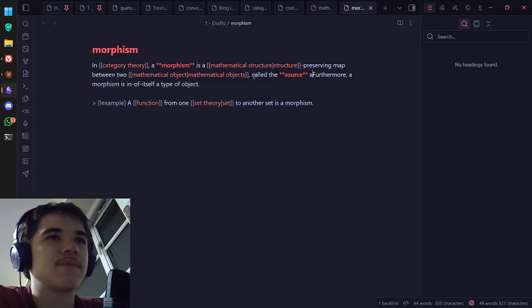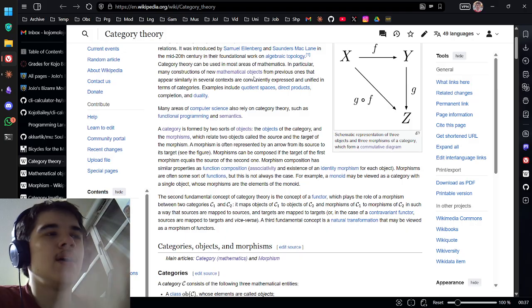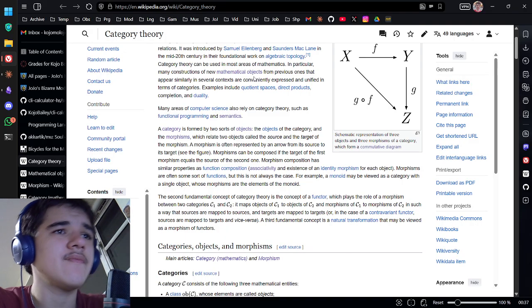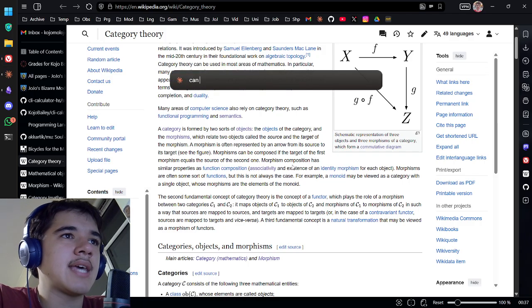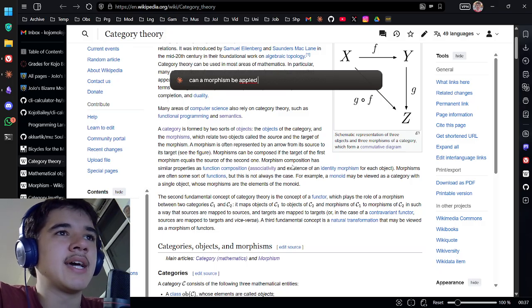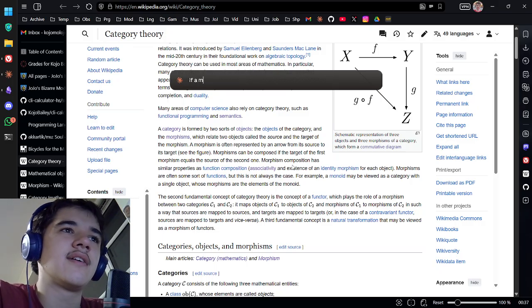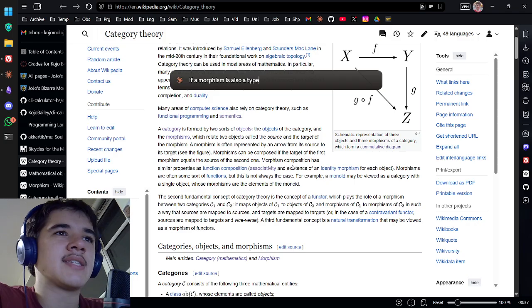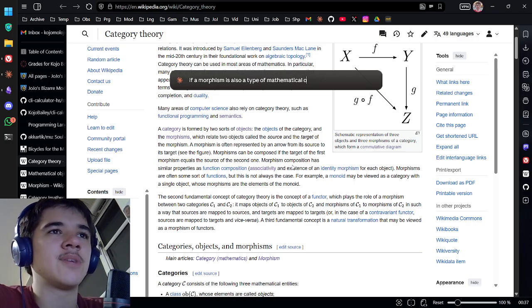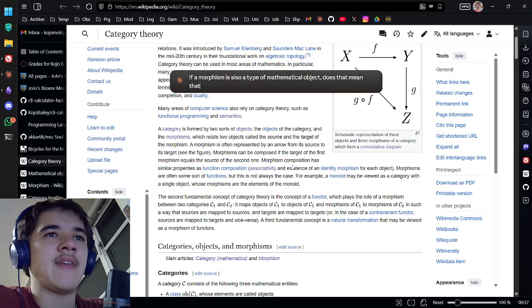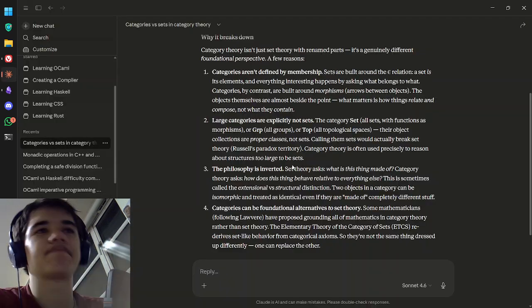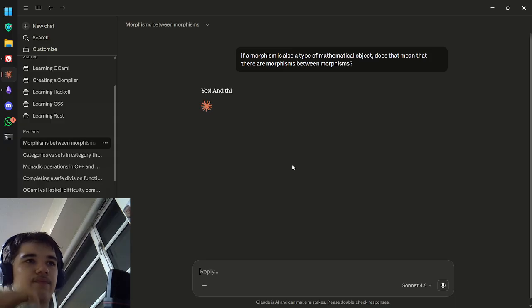So if a morphism is also a type of mathematical object, does that mean that there are morphisms between morphisms? Yes.